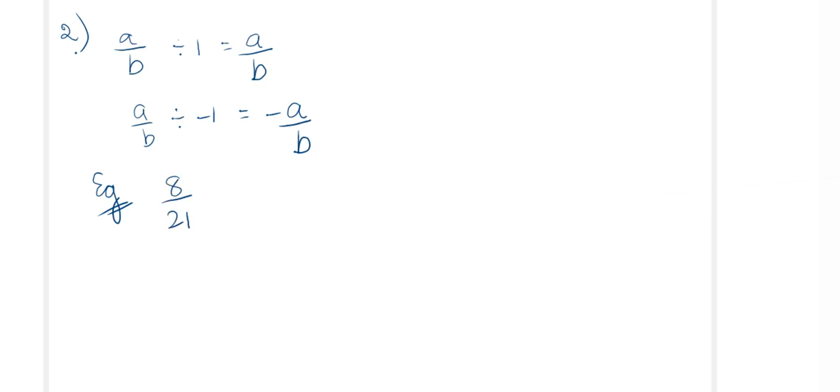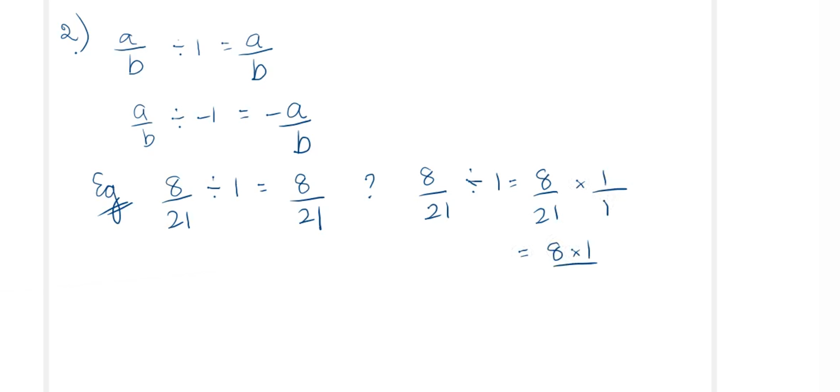Then 8 by 21 divided by 1 is equal to 8 by 21. So how did we get this? Because 8 by 21 divided by 1 is nothing but 8 by 21 into 1 by 1. So 8 into 1 by 21 into 1, so that's 8 by 21.